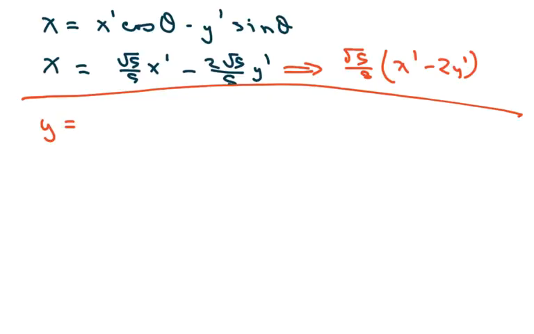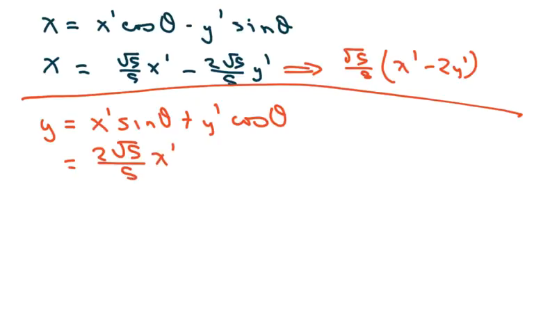Now for the y, we get y equals x prime sine of theta plus y prime cosine of theta. So we're just switching everything around. This is supposed to be plus 2 square root of 5 over 5, x prime, plus square root of 5 over 5, y prime.